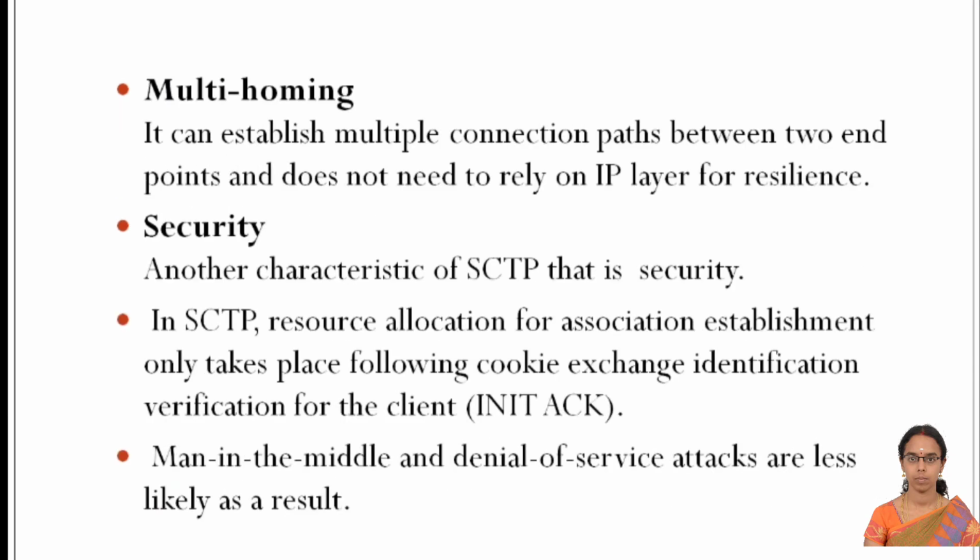Multihoming can be established by multiple connection paths between any two nodes from sender to receiver and does not rely on the IP layer for resilience. Security is the main thing in SCTP: resource allocation for association establishment for all the data packets or whatever messages we are forwarding, and we have an acknowledgement for each and every communication.